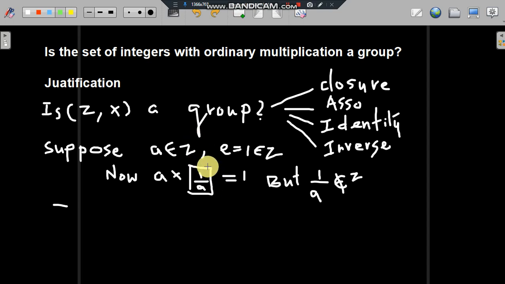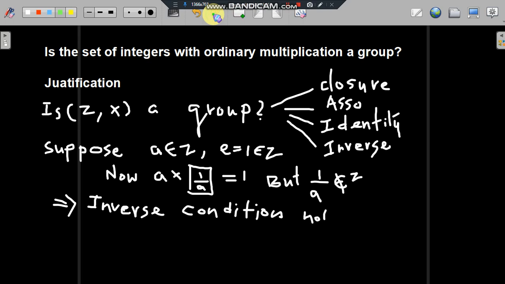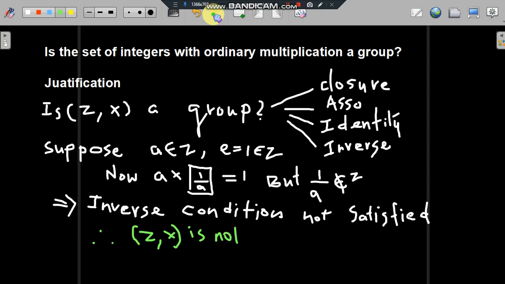Therefore we cannot find such a number in Z. Which implies the inverse property is not satisfied in Z comma X. Therefore Z comma X, the algebraic structure, is not a group. We cannot say that Z comma X is a group. It may be an algebraic structure, but it is not a group, because the inverse condition is not satisfied.